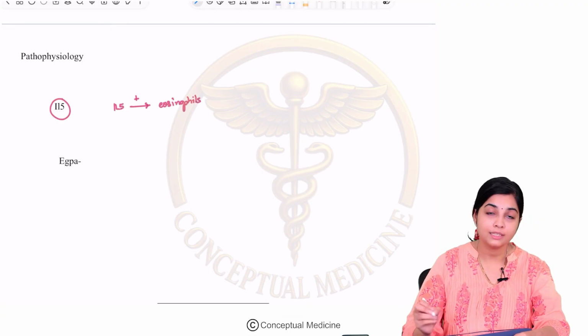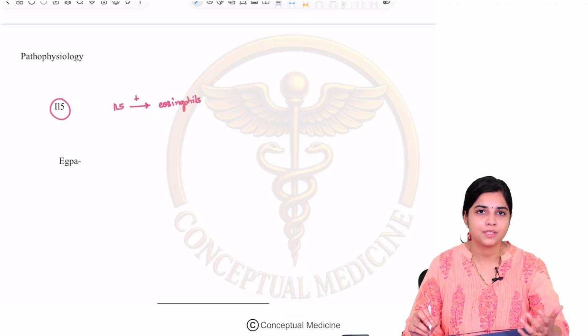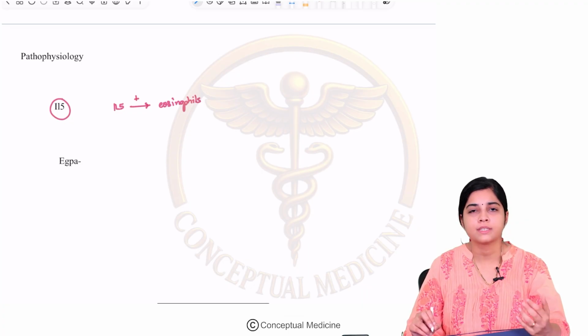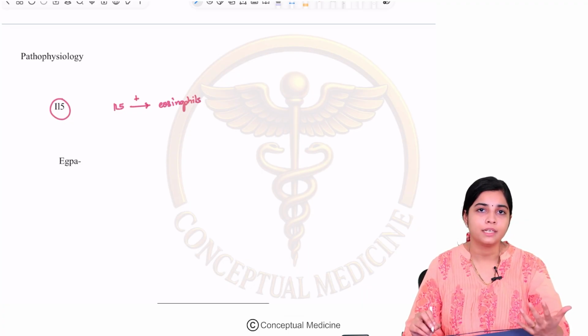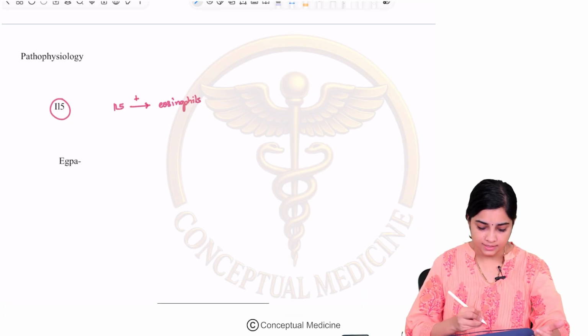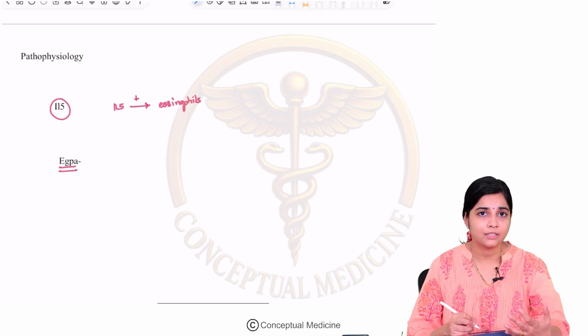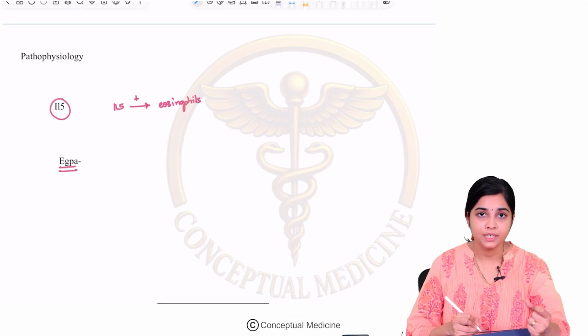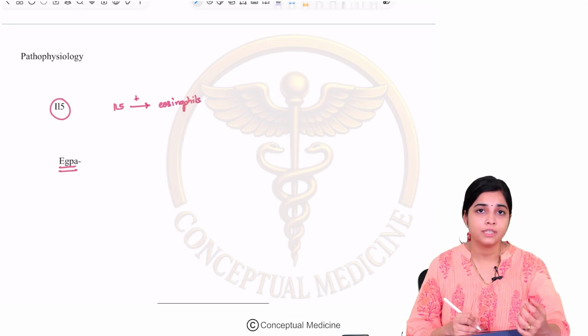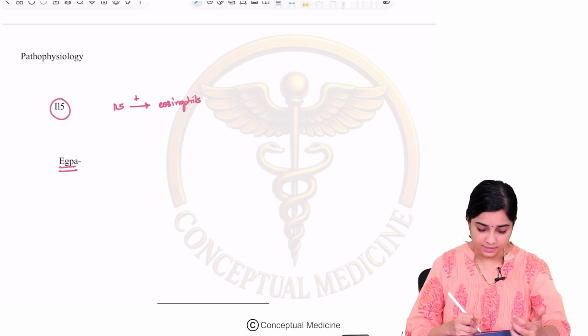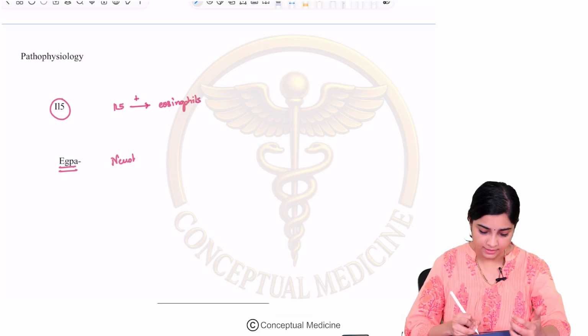So whenever there is a dysregulation or an upregulation of this interleukin-5, there is excessive production of eosinophils due to unknown causes, and these eosinophils then migrate into the lungs. In certain conditions like EGPA, eosinophilic granulomatosis with polyangiitis, what happens? There is a necrotizing vasculitis.